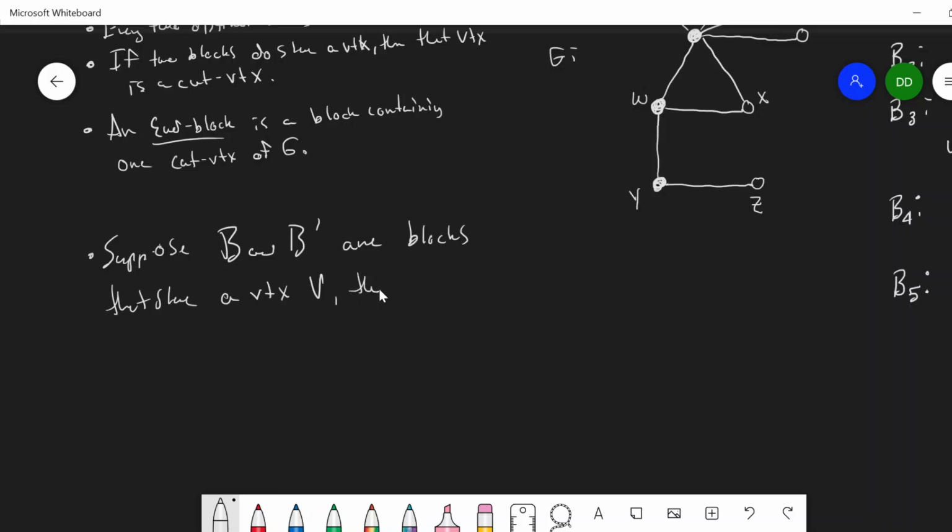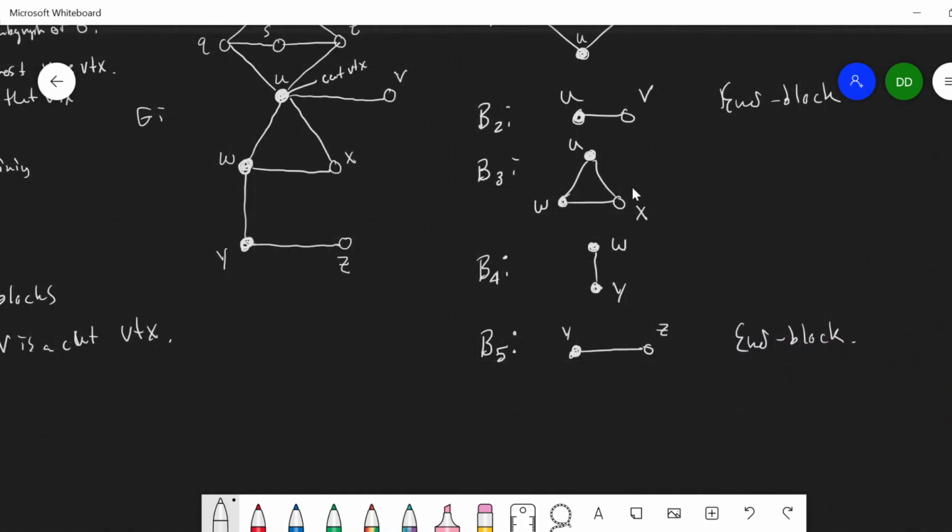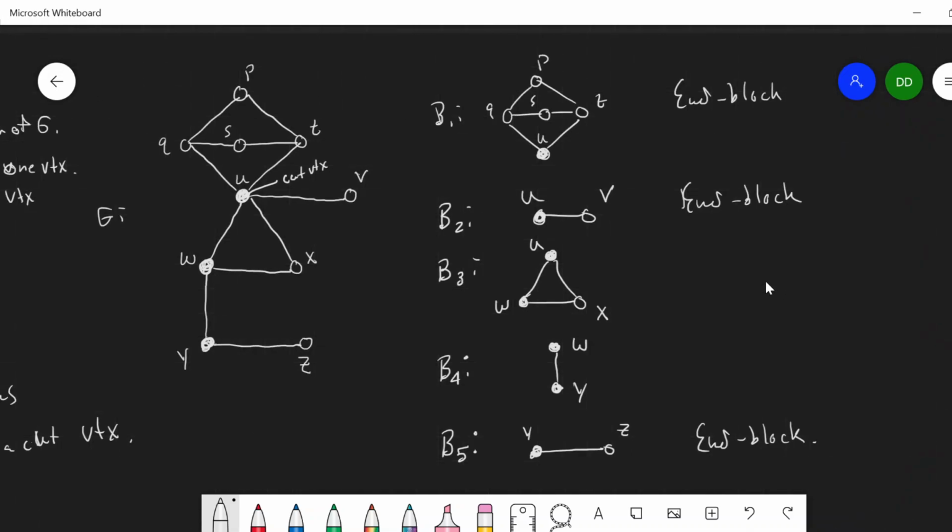Then V is a cut vertex, right? Remember, if two distinct blocks share a vertex, then that vertex must be a cut vertex, right? We can see that over here, right? A couple times we do have 2 blocks sharing a vertex, W here, W there, but each time that occurs, it's at a cut vertex.